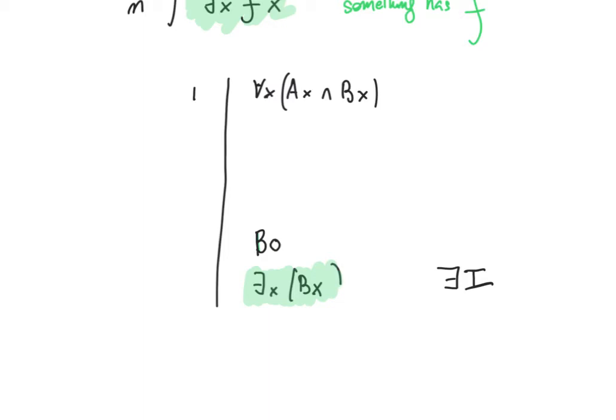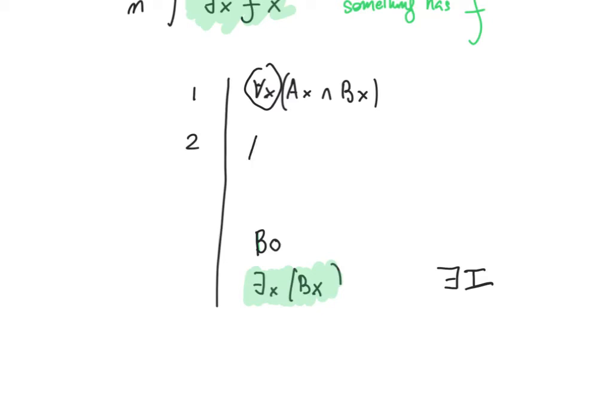How do I do this? Basically the universal elimination rule is going to allow me to eliminate the universal with whatever name I want, because if something is true of everything in the domain, then it's got to be true for every individual object.